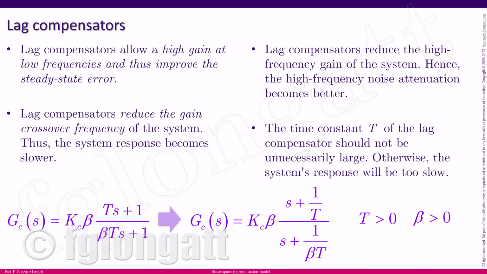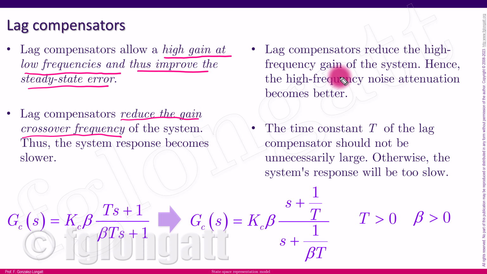It's coming from control, and they have very interesting characteristics that make them attractive for power systems. The first thing is that this control allows the use of high gain at low frequencies, and that improves the steady state error. To be honest, that is one of the most important characteristics of the lag compensators, that in the time domain, they allow the reduction of the steady state error, but also they allow to reduce the gain at the crossover frequency.